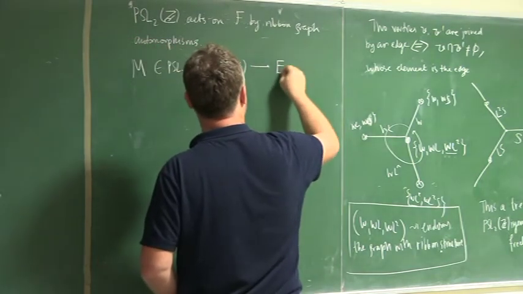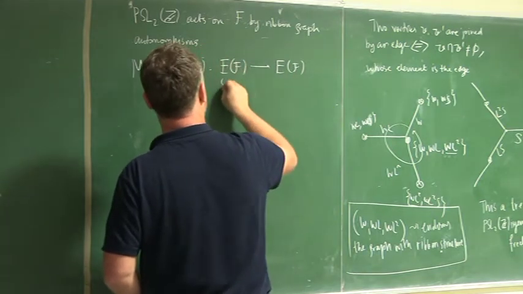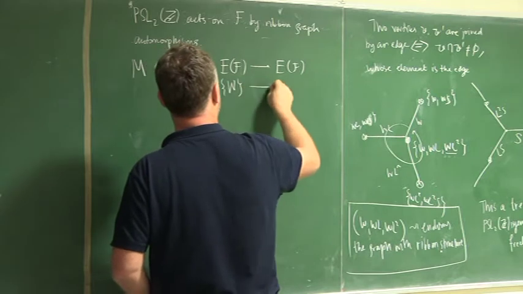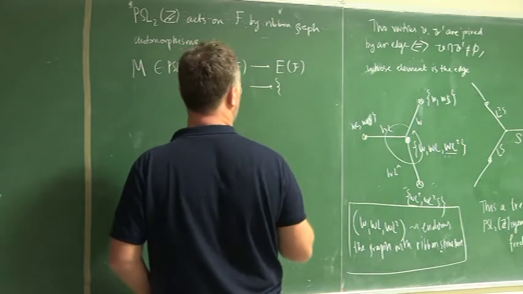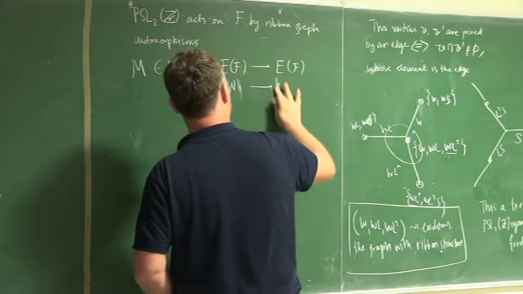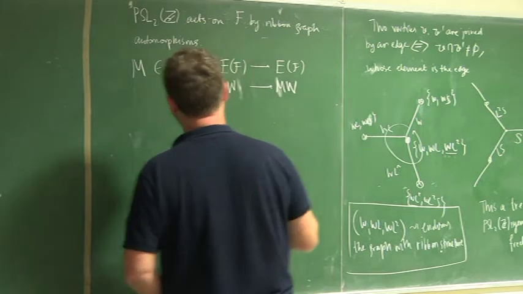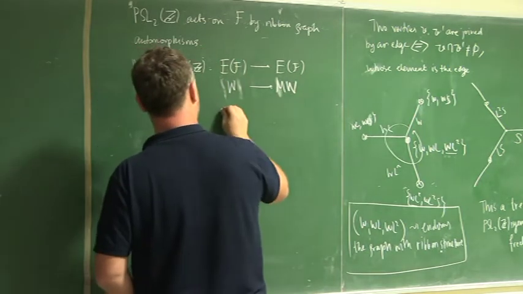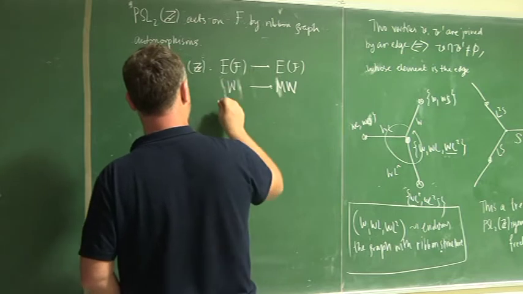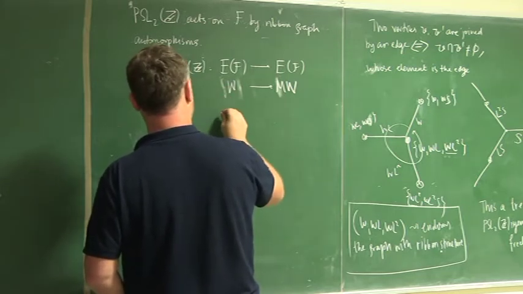So it is from edges to edges and sends the edge named W to the edge named MW. It must also define a map between vertices to be an automorphism.